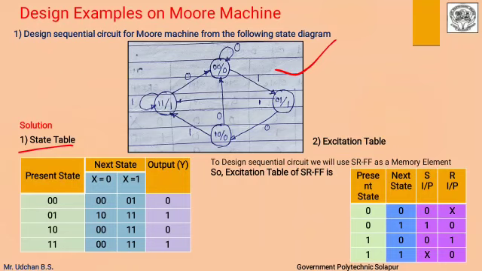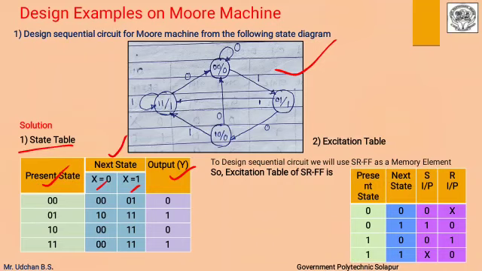So this is the state table: present state, next state for x0, x1 and output value of y. Here we are not going to write output y for x0 and x1, as it is not depending on the value of input. In Moore machine, output value is dependent only on the present state.